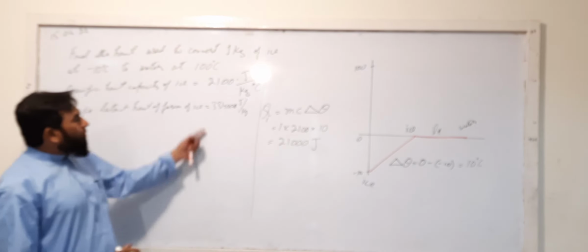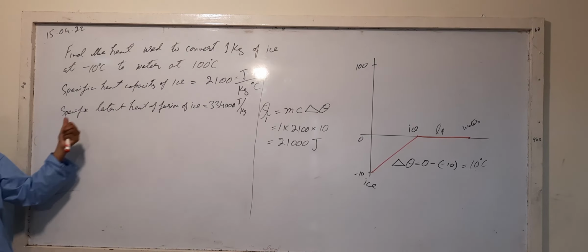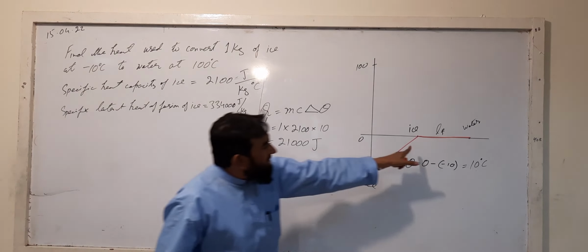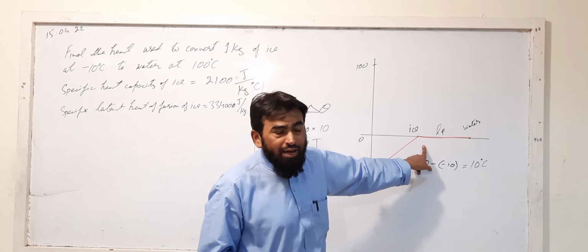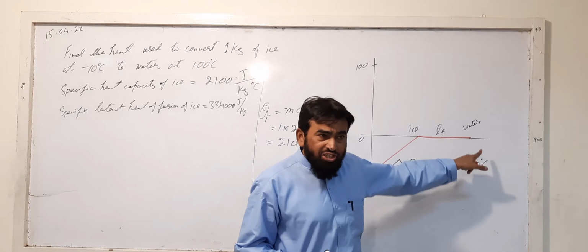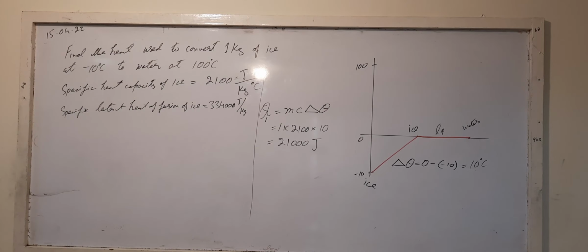Now Q2, the heat energy consumed in the second stage, which involves the specific latent heat of fusion of ice. Now here ice is going to be melting. Fusion means melting. So ice is going to melt to water. State is changing. No change in temperature is occurring.